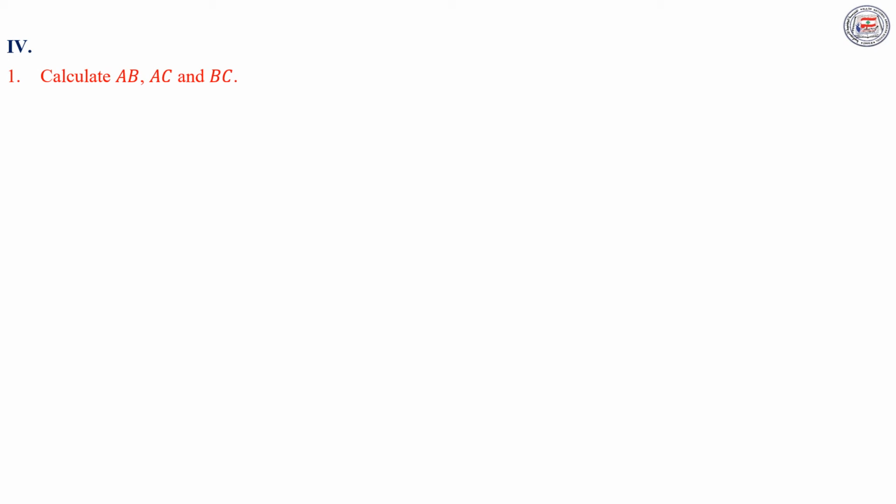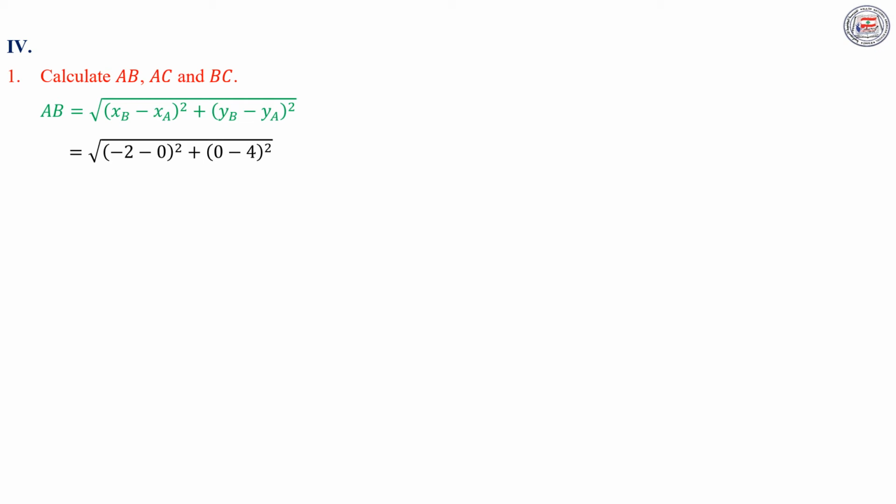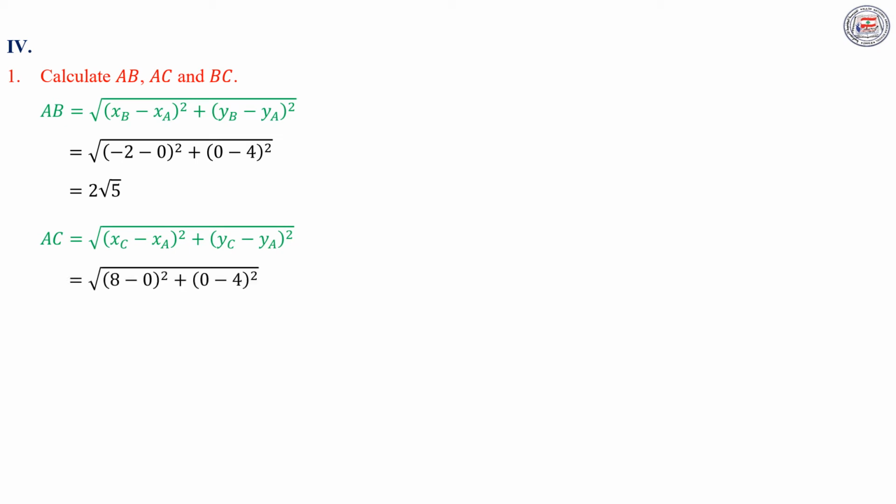In part 1, we have to calculate AB, AC, and BC. AB equals radical of (xB minus xA) squared plus (yB minus yA) squared equals radical of (-2 minus 0) squared plus (0 minus 4) squared equals radical 20, which is 2 radical 5. AC is equal to radical of (xC minus xA) squared plus (yC minus yA) squared equals radical of (8 minus 0) squared plus (0 minus 4) squared equals 4 radical 5.